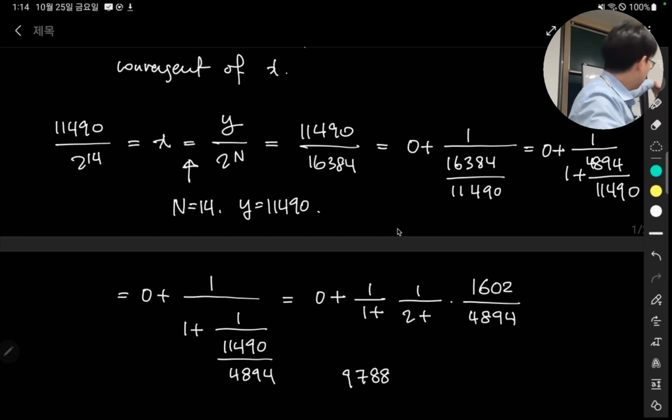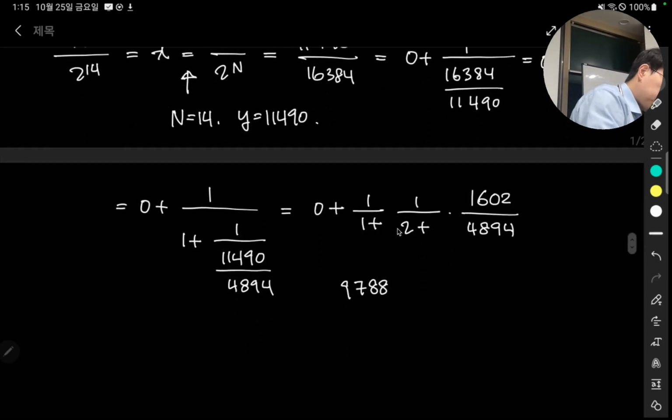Basically you can write it in the form of a rational number, but I just abbreviated it into one line. Anyway, you can keep doing it. Then what you find is a sequence of numbers 0, 1, 2, and so on.